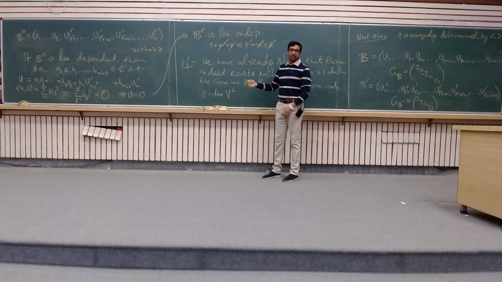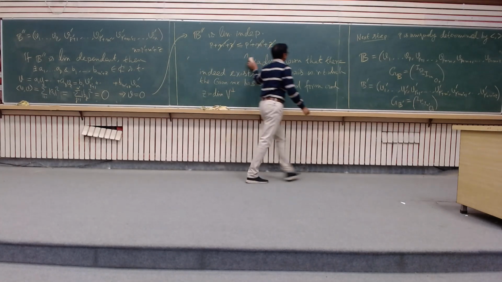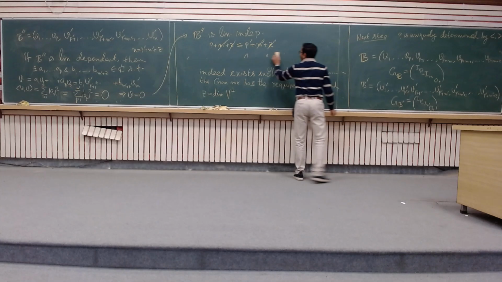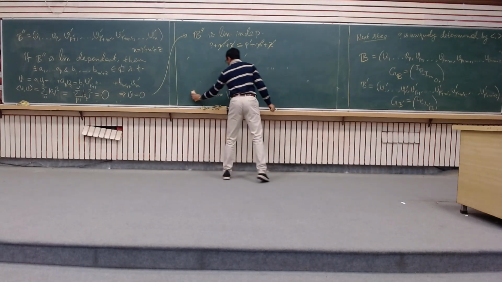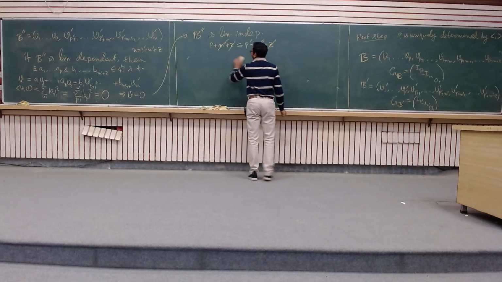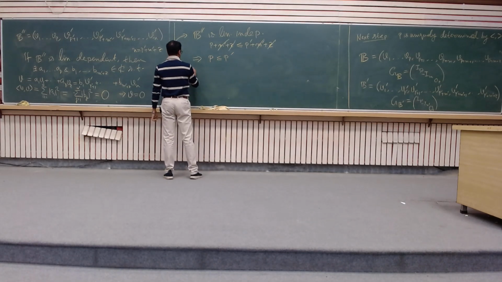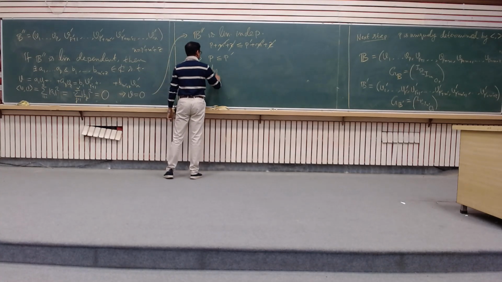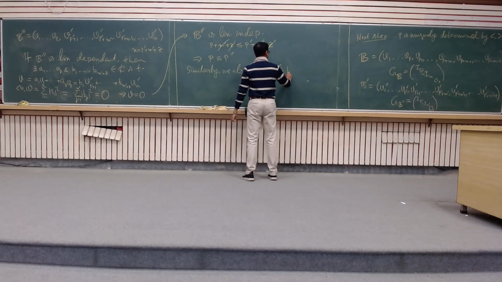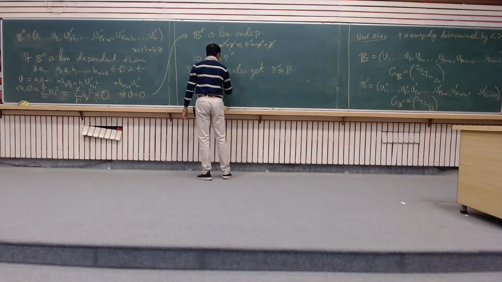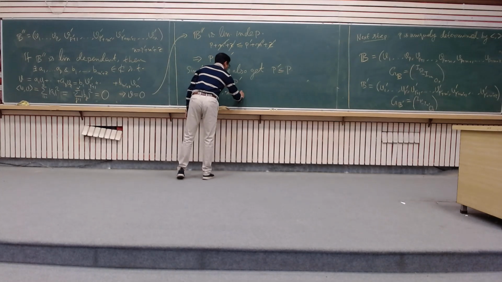Similarly, you will get p dash less than or equal to p, and that implies p is equal to p dash, and hence m is equal to m dash.